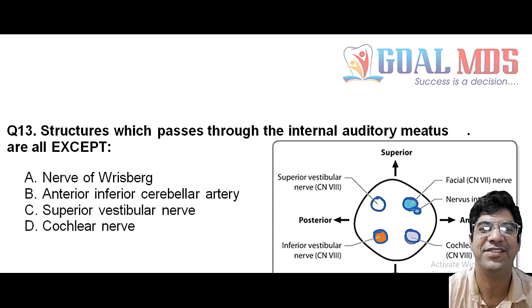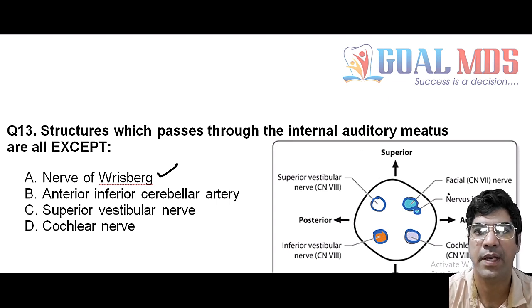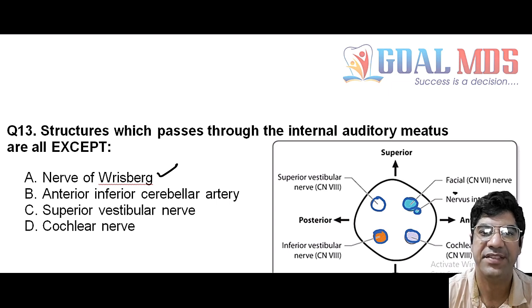The first option is nerve of Wrisberg. So nerve of Wrisberg is a component of the facial nerve, also known as nervus intermedius. It carries sensory fibers and it is responsible for taste sensation from anterior 2/3 of the tongue.